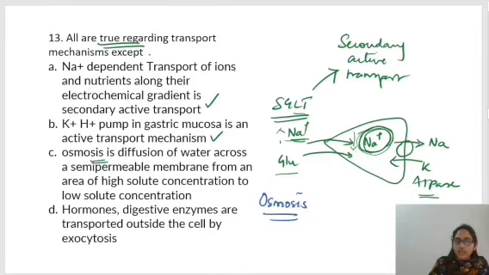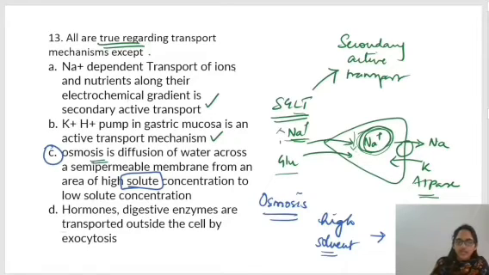It is from an area of high solvent concentration or high water concentration, from higher water concentration to a lower water concentration. It is not solute, it is solvent, from higher solvent concentration to lower solvent concentration. That solvent is nothing but water here. So this option is the wrong one.